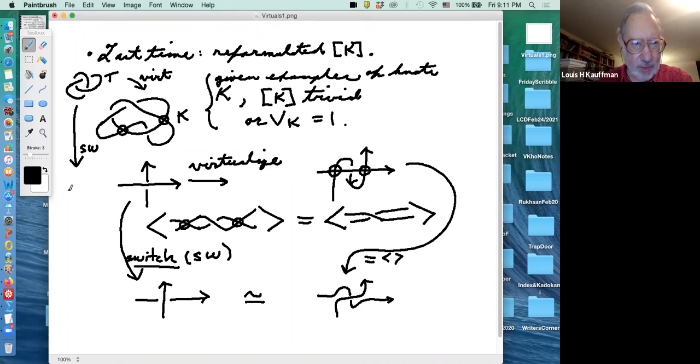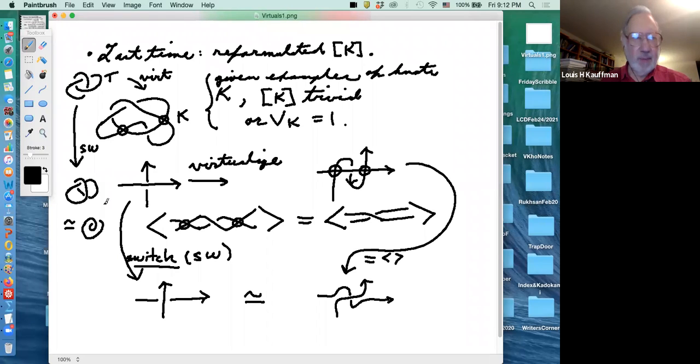This goes by switch to this, which of course is equivalent to this, and we'll keep track of regular isotopy. But you see, that's telling us that the bracket polynomial of this virtual is equal to the bracket polynomial of this little curly unknot. And this is the general situation.